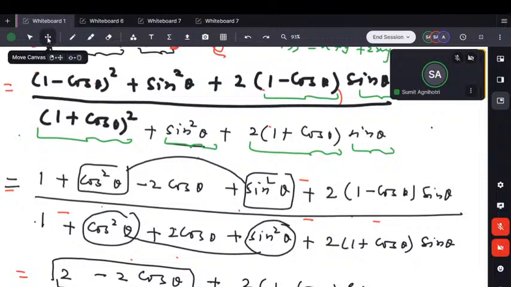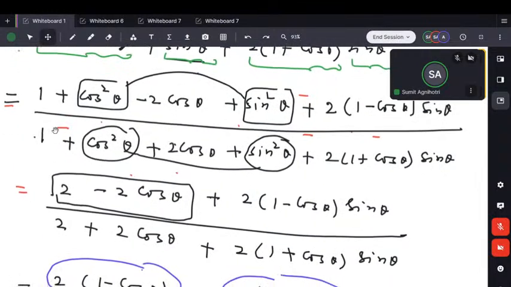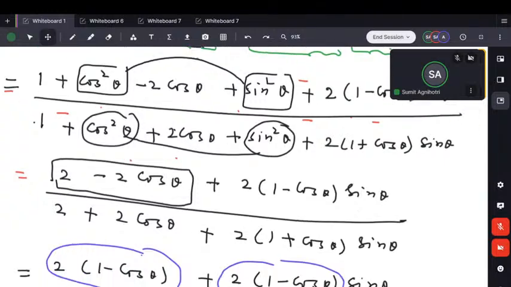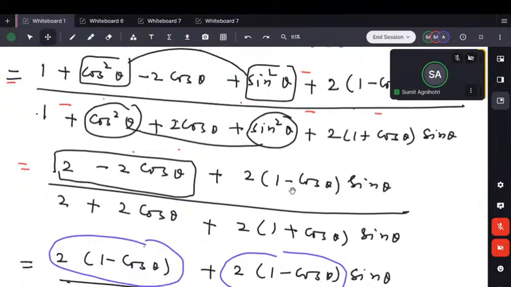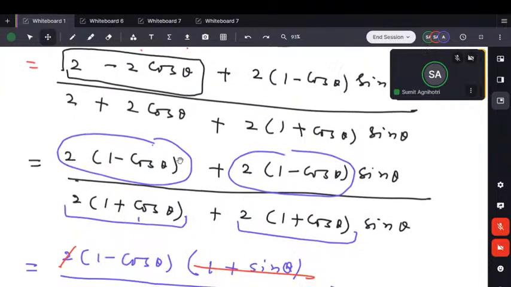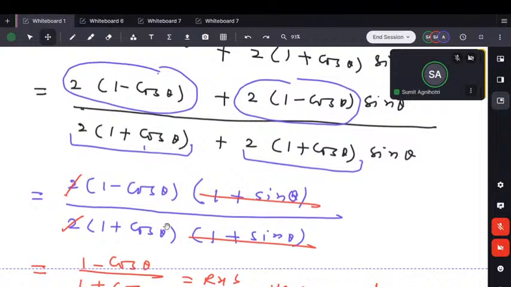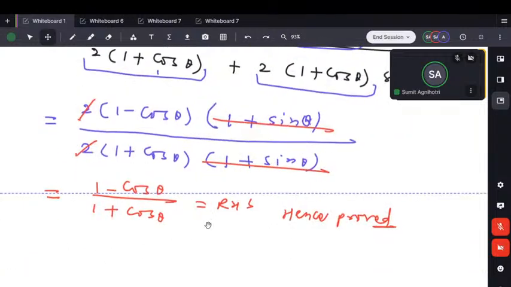Similarly, we have opened RHS, and finally we have just written cos square plus sine square equal to 1 in both numerator and denominator. 1 plus 1 becomes 2, and finally we have taken 2 minus 2 cos theta as our common. Similarly, 2 times 1 plus cos theta is common from denominator as well. We can now cancel, and we got what we are supposed to get actually.